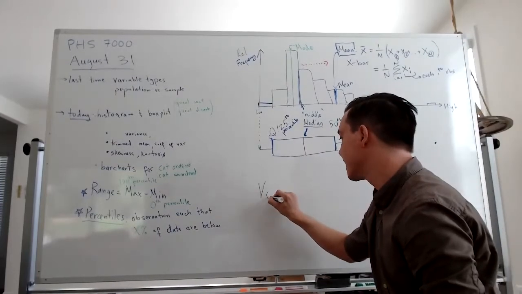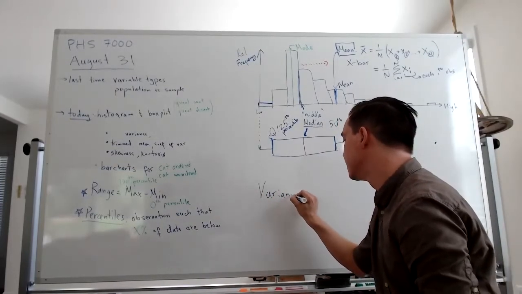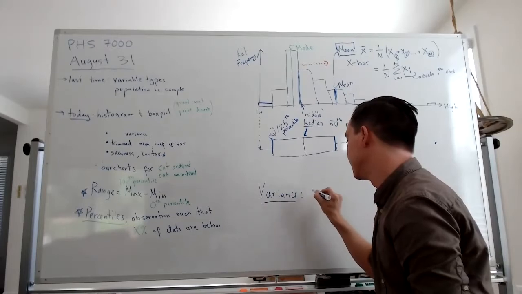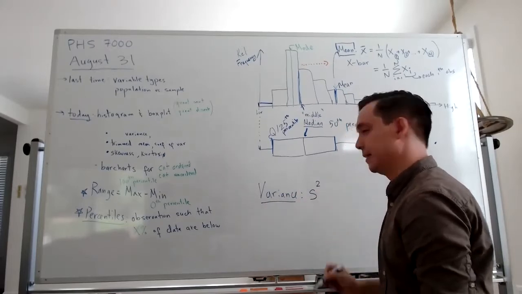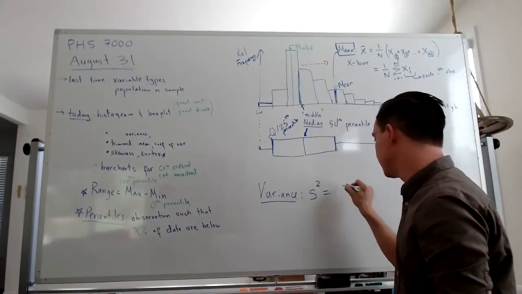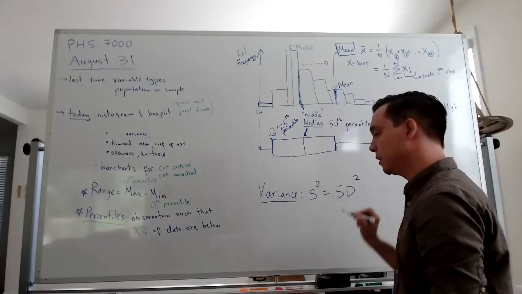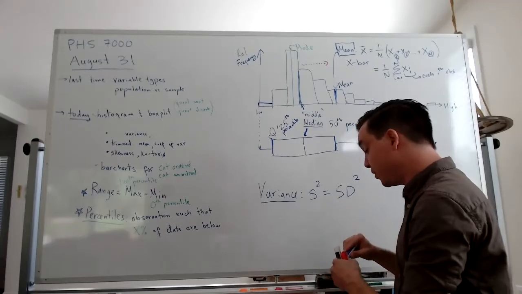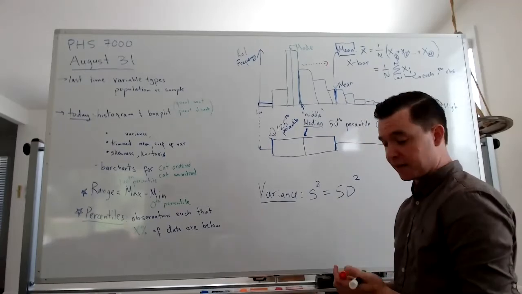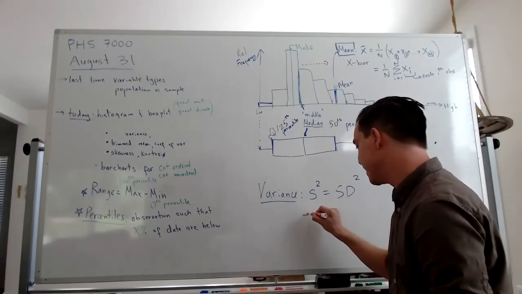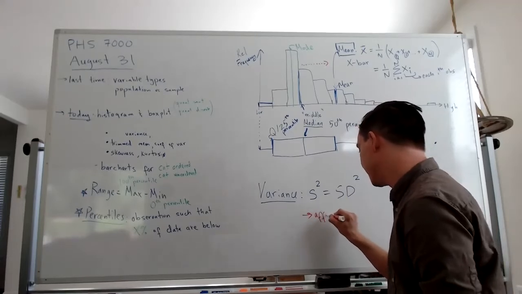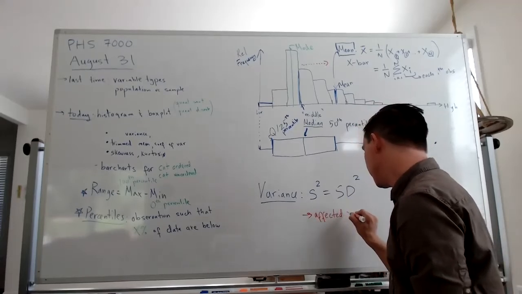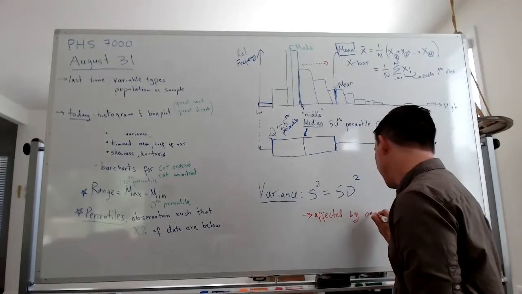All right, so it's the sample variance. It's just S squared, right? Standard deviation squared. This too, if the standard deviation is affected by outliers, the variance is also affected by outliers.